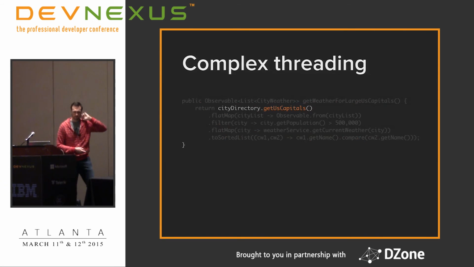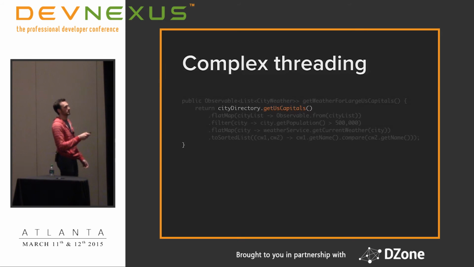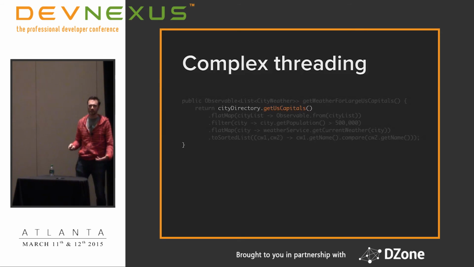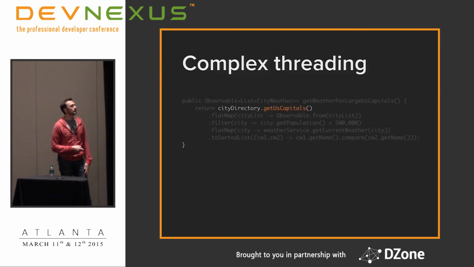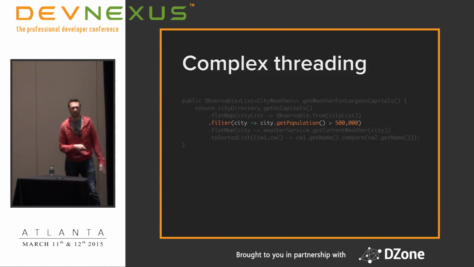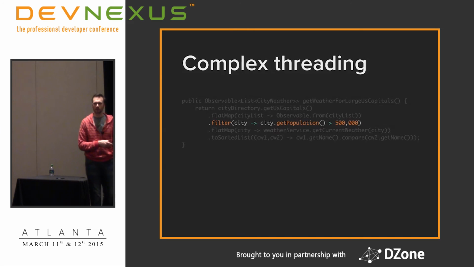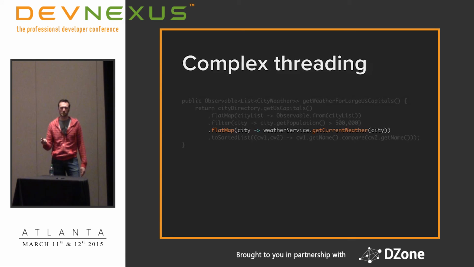So say we write a web service that gets the US capitals. We talked a lot about what that might look like. We're going to flat map it to get out that list of cities. We talked about that earlier. And then we're going to filter out anything that's below 500,000. Now we're going to flat map it to another web service, and it's going to return an observable of the result from that web service.